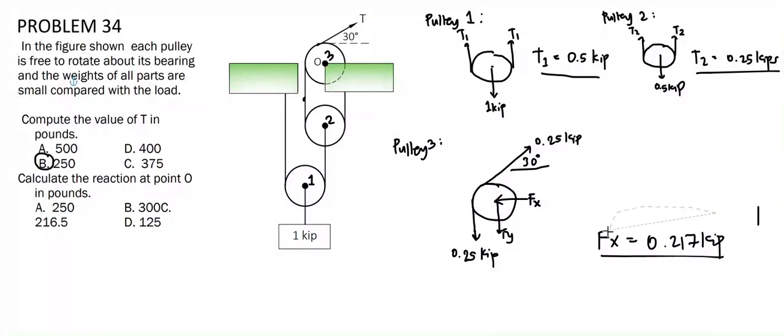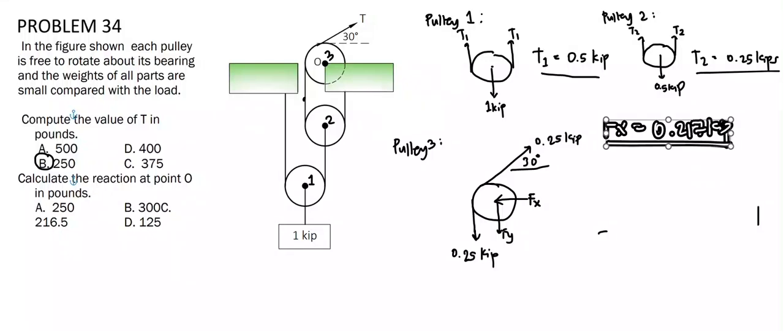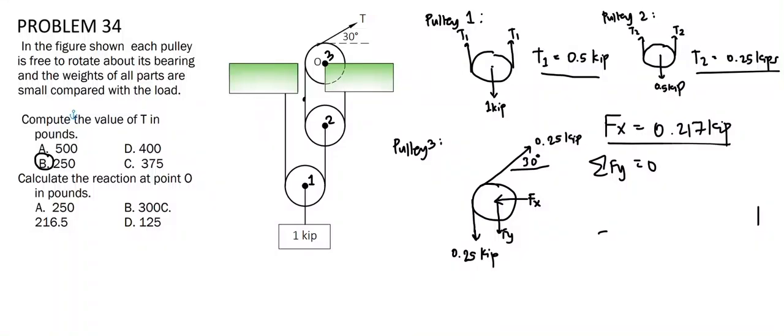Now to solve for Fy, we take summation forces vertical equal to 0. The forces acting vertically: we have the 0.25 kip force sine of 30 degrees going upwards, and we have the 0.25 kip force going downward, minus the force Fy, equal to 0.